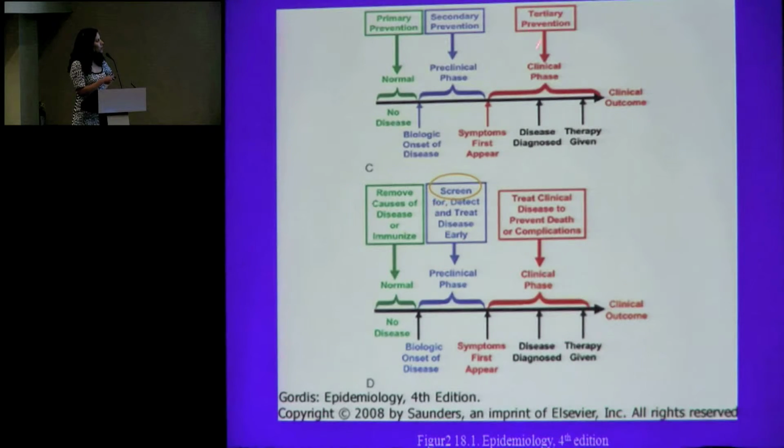When we talk about secondary prevention, we are talking about doing interventions such as screening, where we can detect a disease early, usually on the preclinical phase before any symptoms arise, where we can actually do an intervention that can have a positive impact in the prevention of the negative health outcomes that a disease may have.